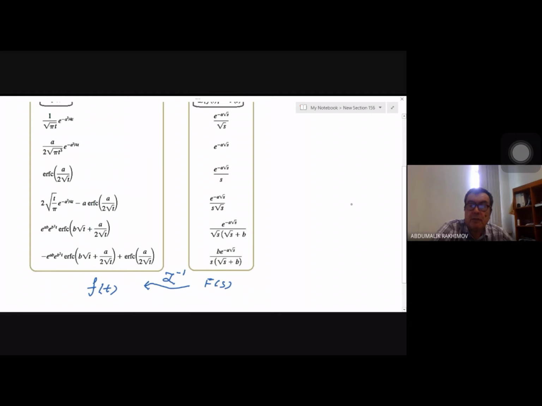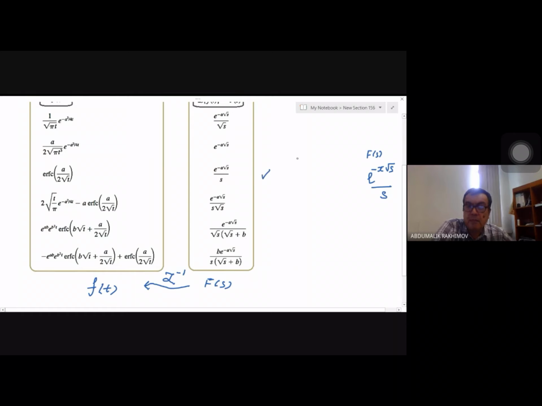For example, let's say your F(s) is exponential minus x root of s over s. Then what is the pre-image, the original? You use this formula, because it looks like this, and you see your a is x.